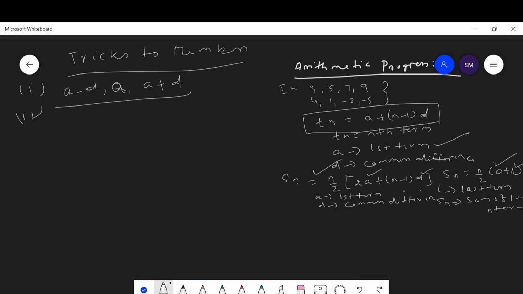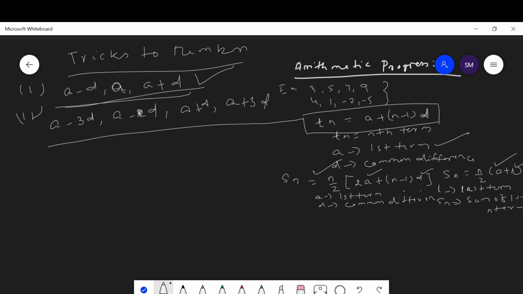Second trick: if you have to assume any 4 terms in an AP, then assume them as a minus 3d, a minus d, a plus d, and a plus 3d. Here the common difference is 2d.